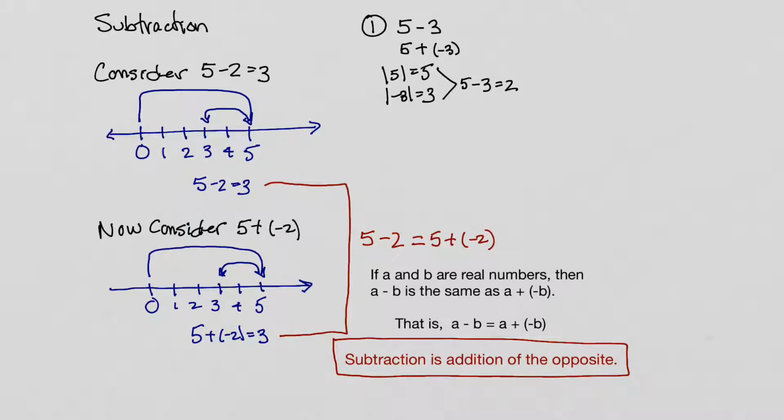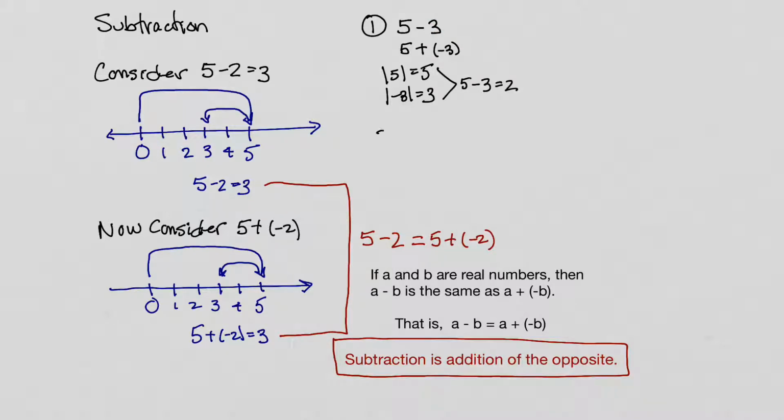And then to this 2, we will assign the sign of the larger absolute value. This is the larger absolute value. This number is positive, so this will be a positive 2. Now look, here's what we did. This is circular just because we know how to do this already. 5 minus 3 is 2. We went through all of this just to get our original problem.